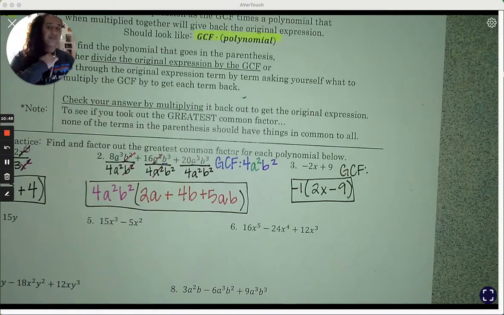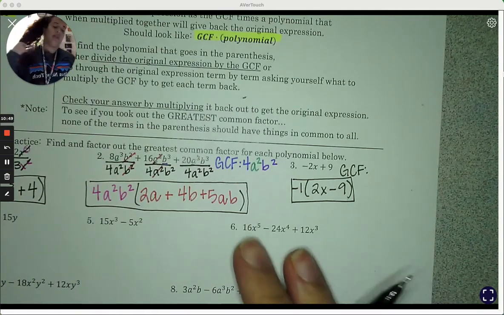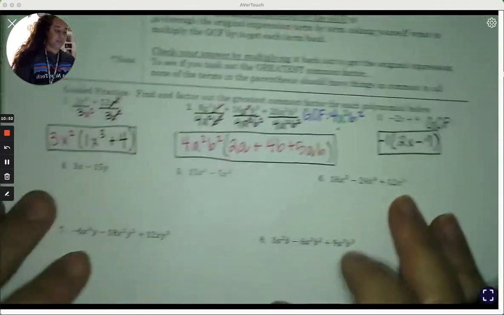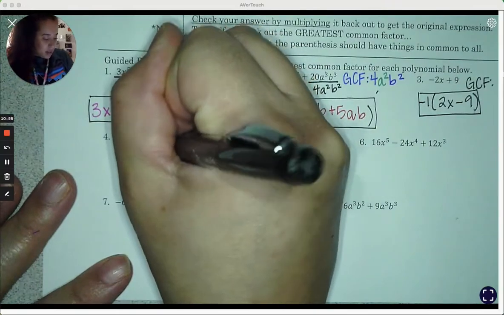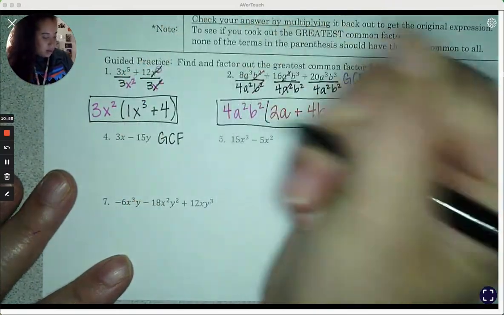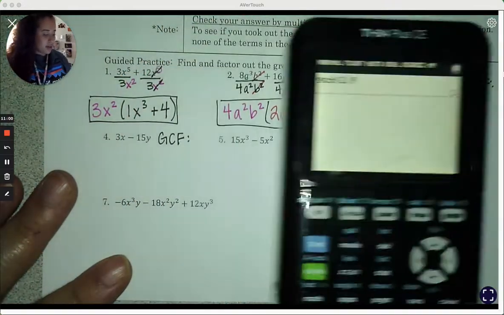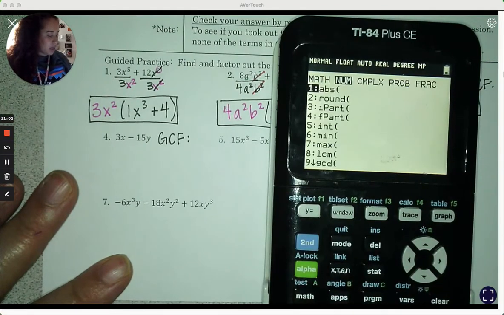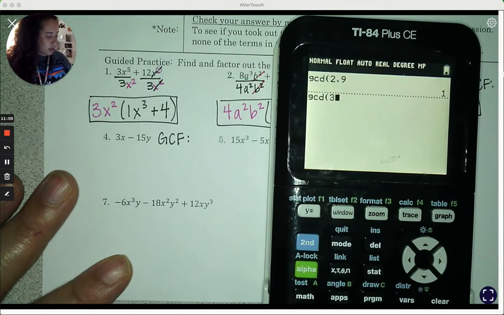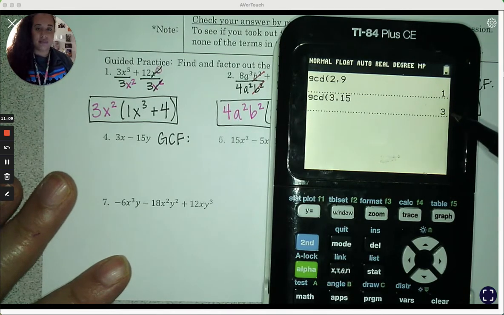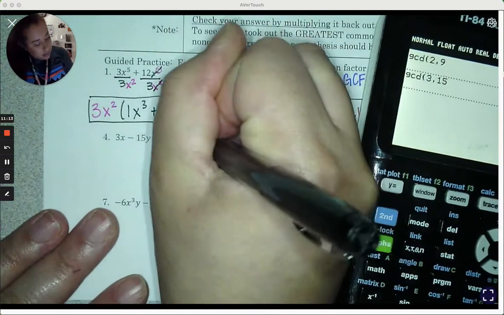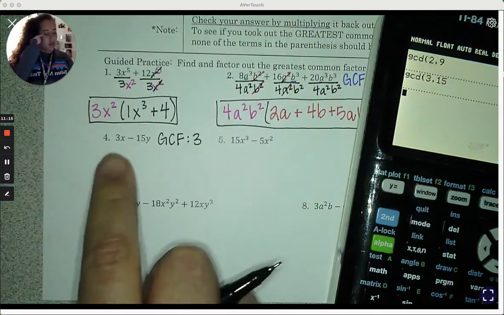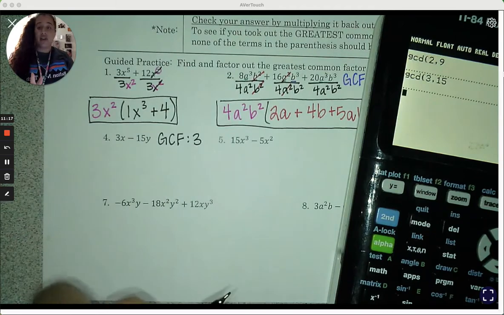All right. So let's look at number 4. Still looking for our greatest common factor. So I'm going to go ahead and look at the numbers. Okay, so I'm going to use 3. Look at your variables now. Do they have a variable in common?